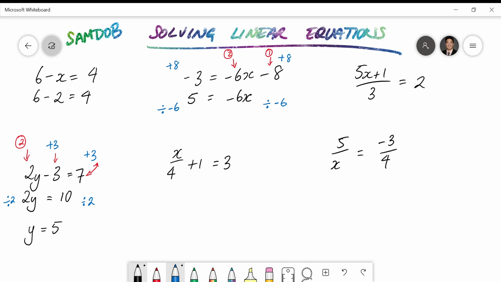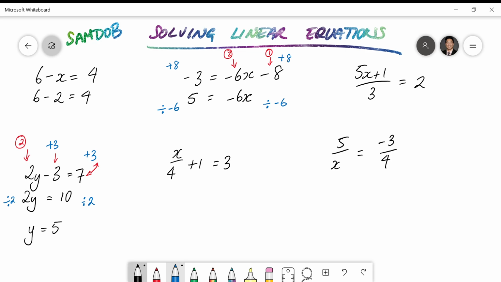Now, based on previous chapters, I want you to revise and make sure you know how to convert from fractions to decimals if the question requires you to do so, because that is important. In this case, I'm going to leave it as a fraction for simplistic purposes, but I do want you to remember that you might be required to convert from one part to another.